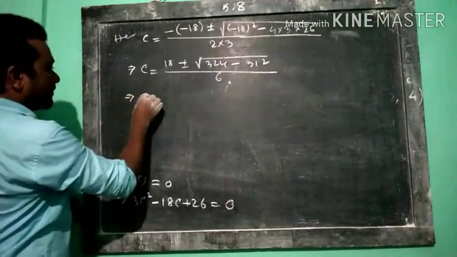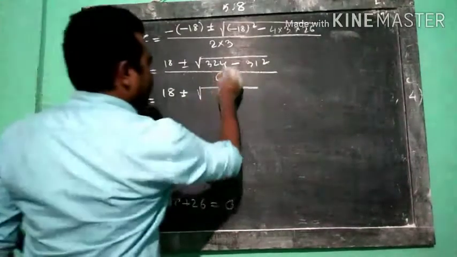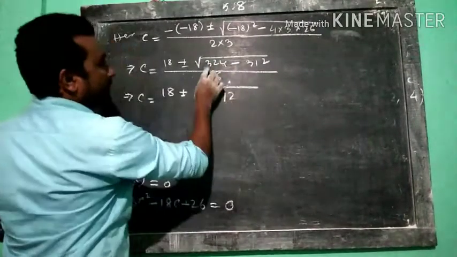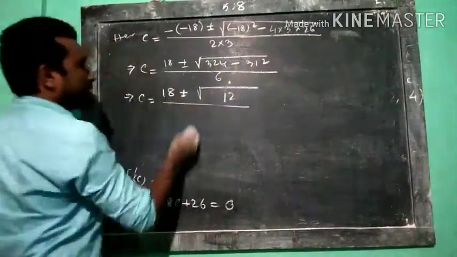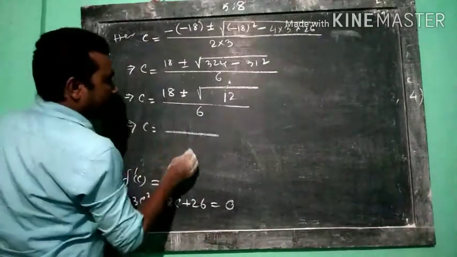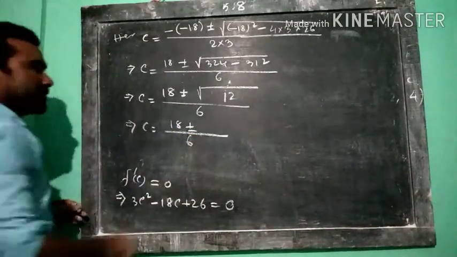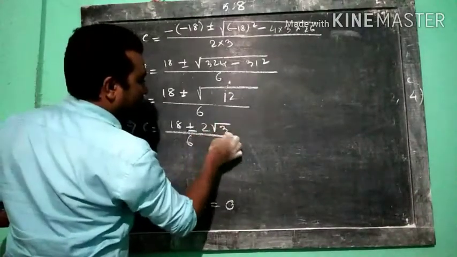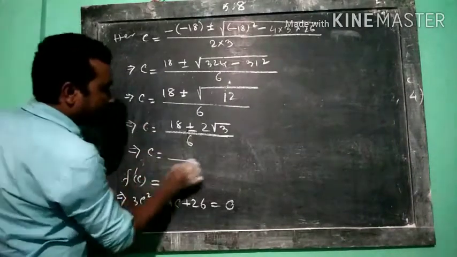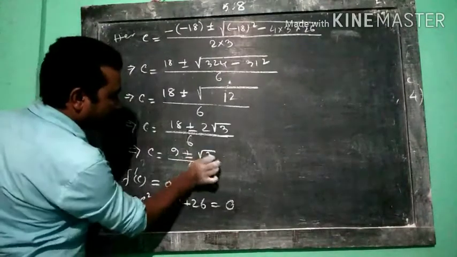This implies that c equal to 18 plus or minus the square root of 12, divided by 6. The square root of 12 is 2 root 3. Dividing each term by 2, c equals 9 plus or minus root 3, divided by 3.